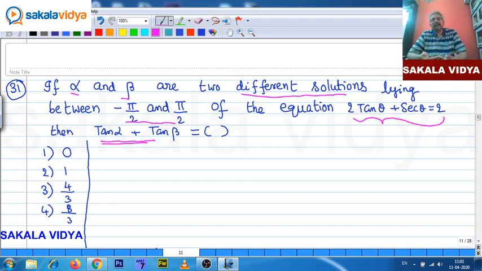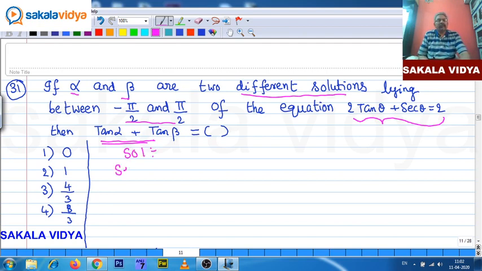Again the secant square theta can be written in terms of tan theta, so 1 plus tan square theta. Then we get a quadratic equation in tan theta. So it has different solutions alpha and beta, meaning tan alpha and tan beta become the roots of that quadratic equation. Then we need to find the sum of the roots. This is the plan, so we need to apply. So let us apply the plan now here.